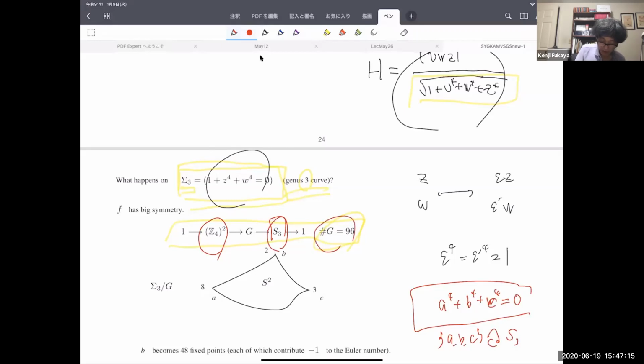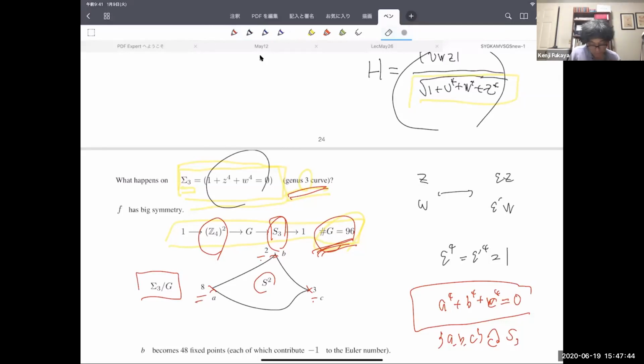This is 16, and this is 6, and you have a group of order 96. You can take this group and divide this genus 3 curve, and you see what it is. It is just this S2 with 3 orbifold singularities. And these 3 points are exactly the order 8, order 2 and order 3 singularities. You can check this by just calculating the Euler number, but I don't do it. You can just do it.